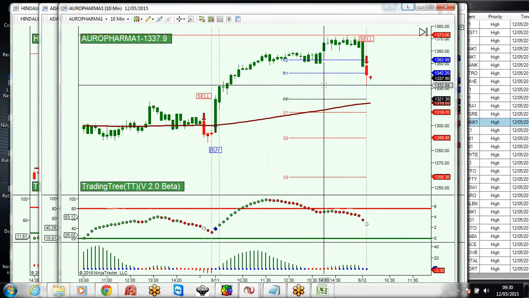You can short it at this level, 1332. So there your call gets triggered.